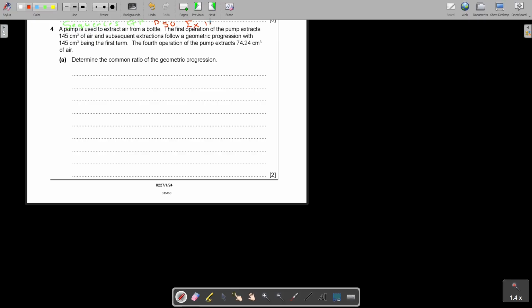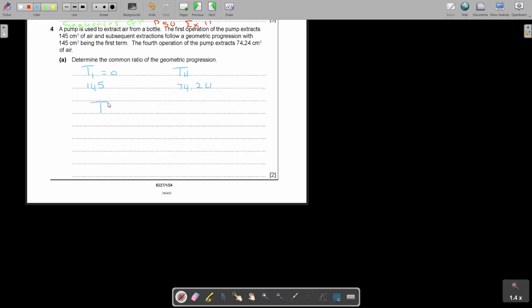Okay, let's start by writing down what we have. We have the first term, which is also the value of a, and we have the fourth term, which is 74.24. Don't forget that the first term is also the value of a. So what is the formula?